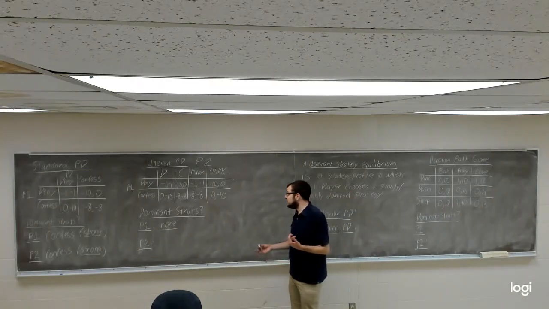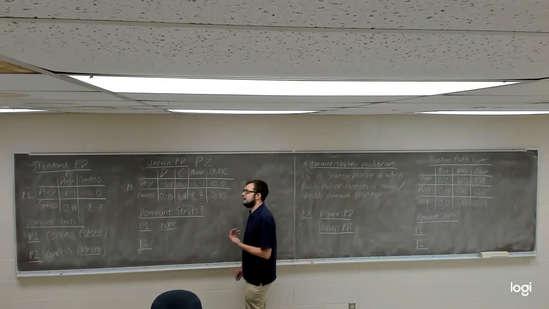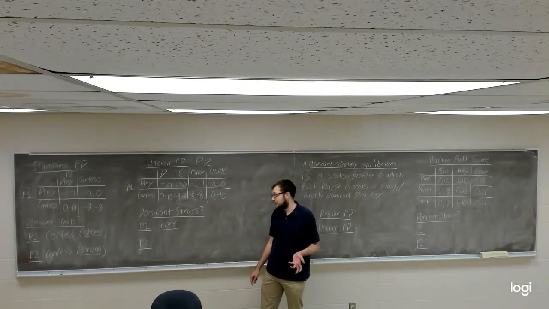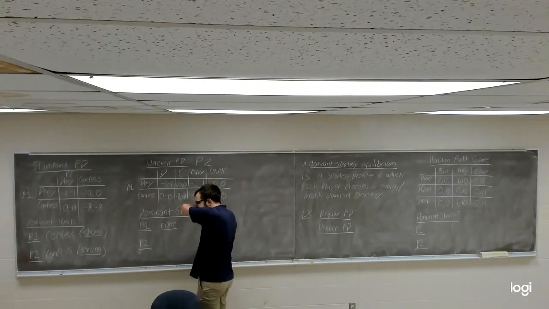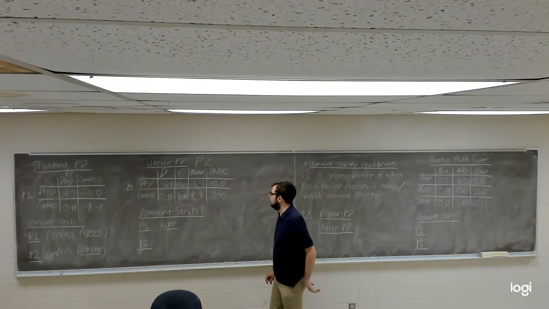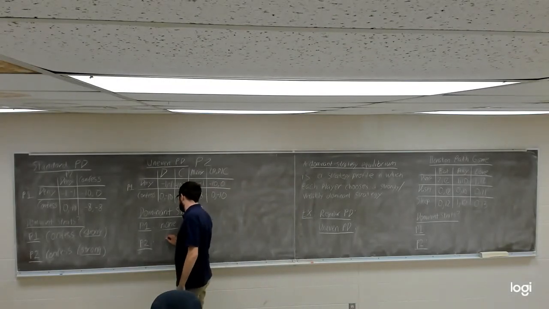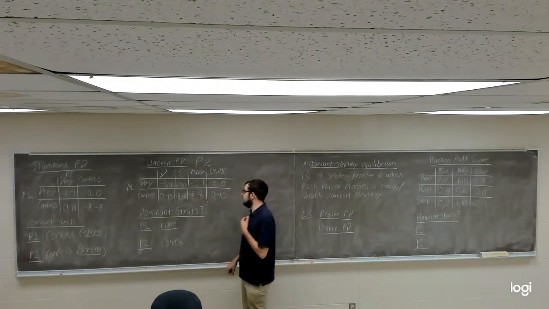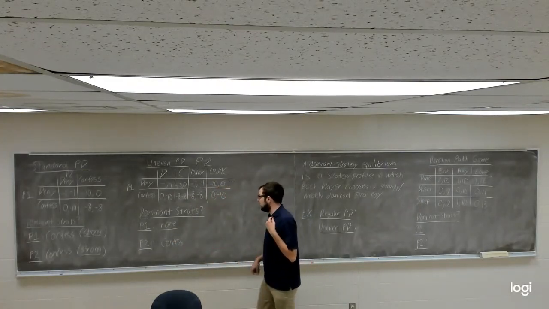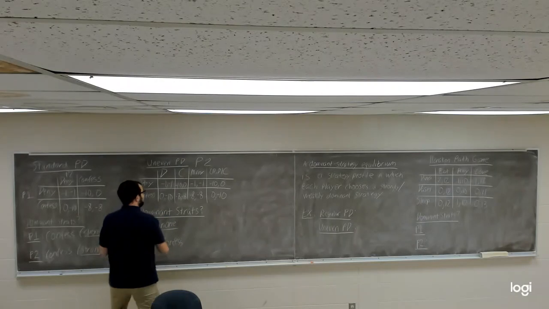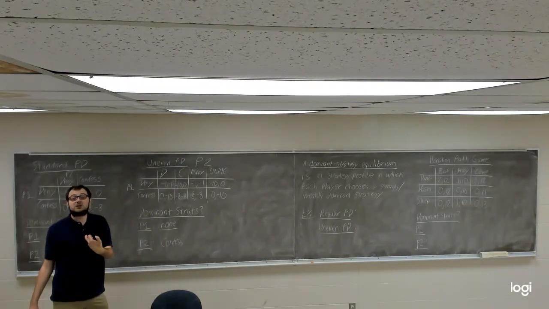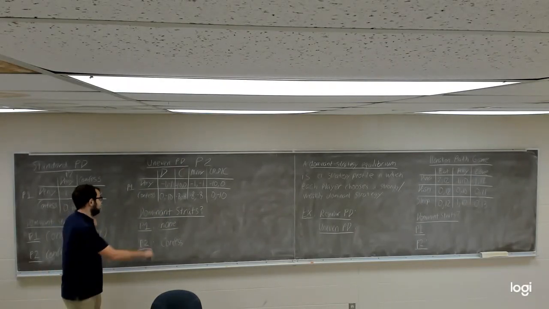We did, however, say that player 2 had a dominant strategy in the uneven prisoner's dilemma. And that strategy was always just confess. The reason being, always choosing confess for player 2 is always going to tie for the best payoff.